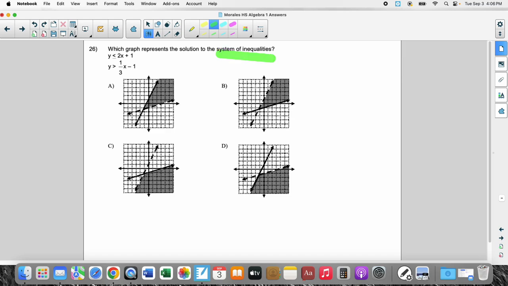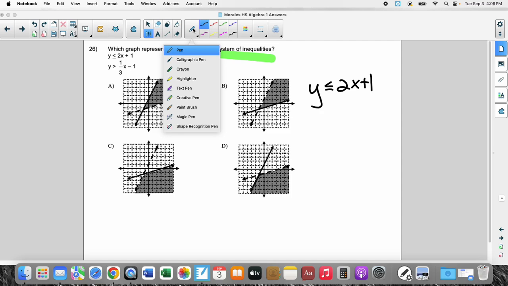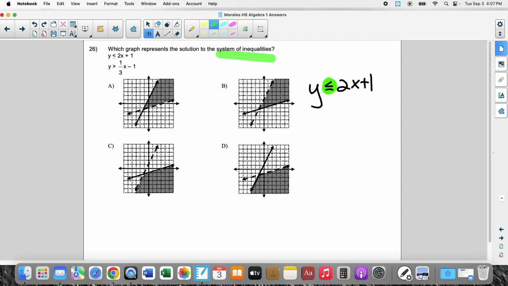Systems of inequalities means two inequality equations, and we want to know which graph represents the solution to the system. So let's take this first equation. y is less than or equal to 2x plus 1. Because of the equal sign, we know that we're going to include the boundary, and the y-intercept is 1 and the slope is 2.